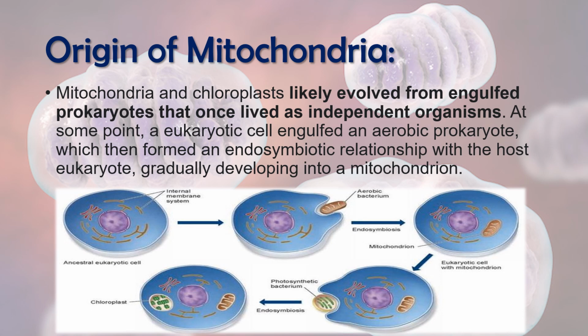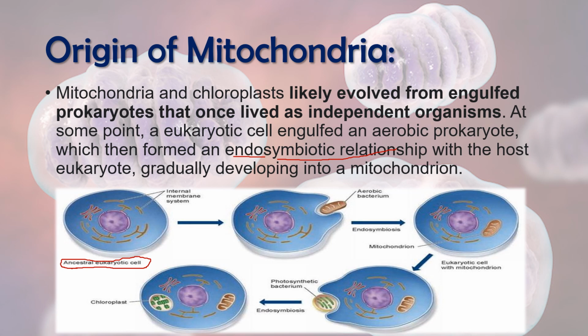Endo means inside, and symbiotic relationship means a relationship where both receive benefits. So look at this picture; it will clear all your doubts regarding the endosymbiotic theory. This is an ancestral eukaryotic cell where the cell organelles are in a developing stage, about to form.